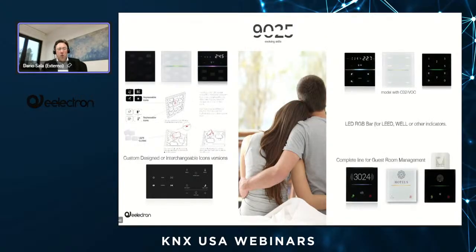The second line is really a bestseller, which is the 9025, which is glass-based. You can see that you have a variety of types of user interfaces that can be for push buttons, upper buttons, for thermostat, and customization capabilities like bedside panels.